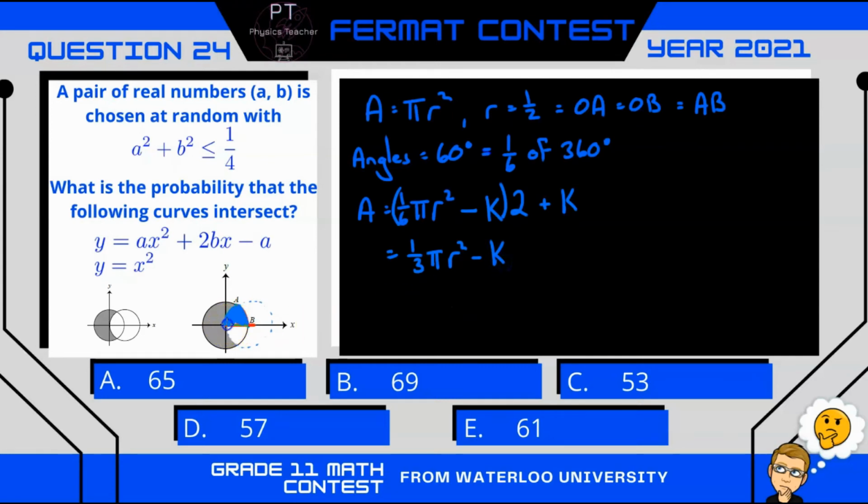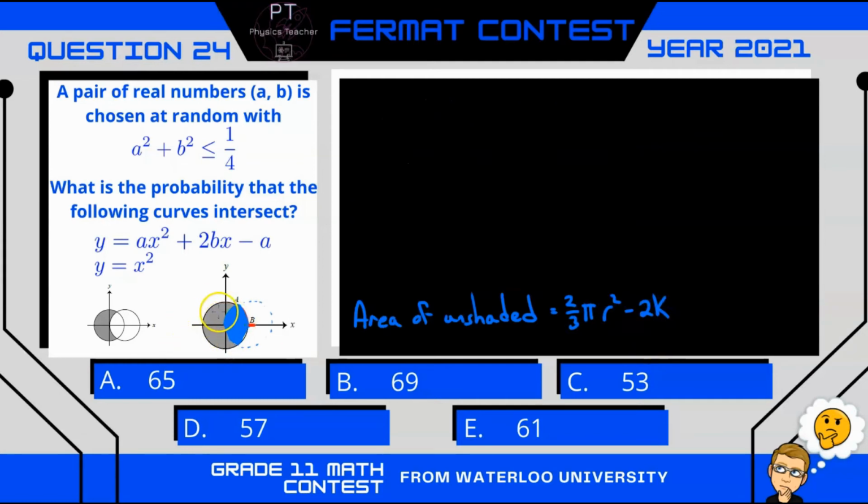Now if I want the area of the entire unshaded area above and below, because of the symmetry, the portion below is the same as the portion above, so I'd multiply it by 2. Right? So the area of unshaded, or in this case, the part that I shaded in blue, is equal to 2 times all of this. So you're going to get 2/3 pi r squared minus 2k.